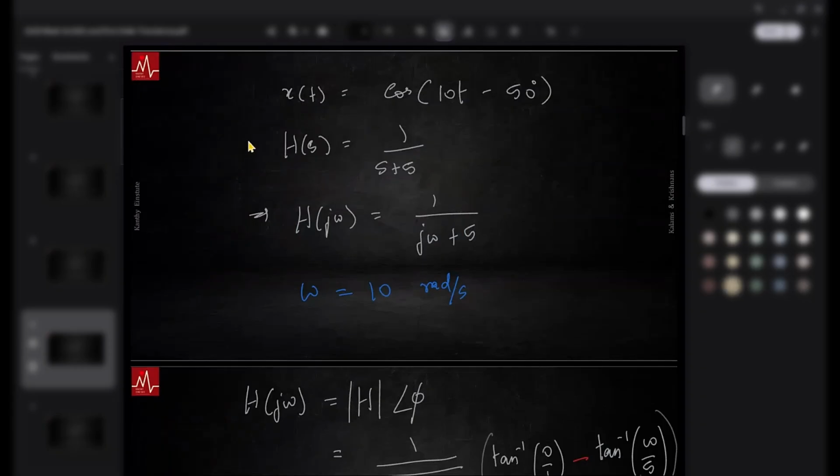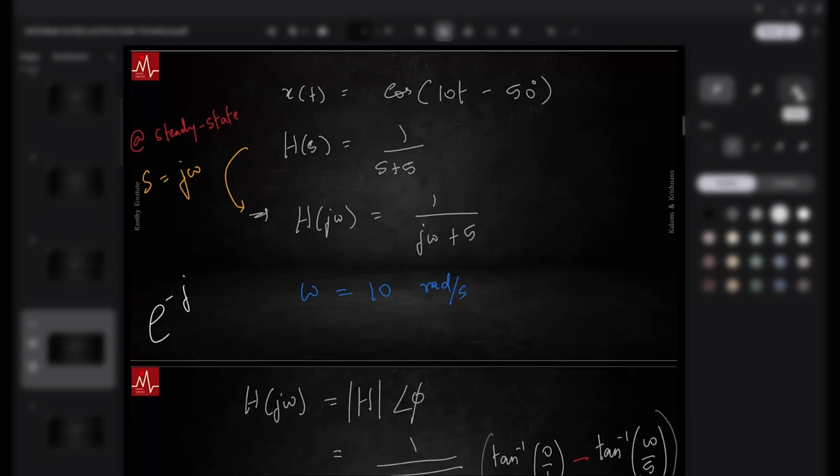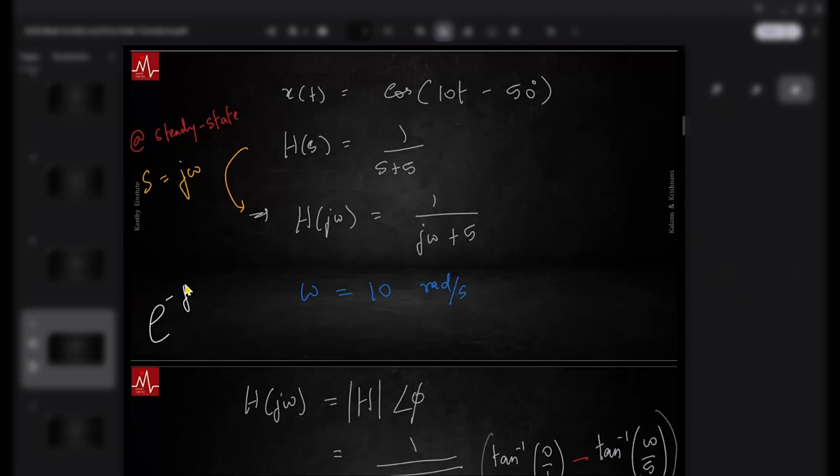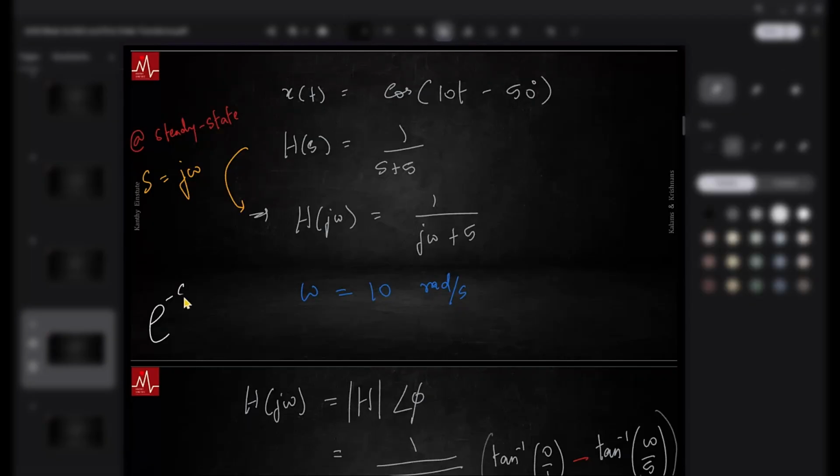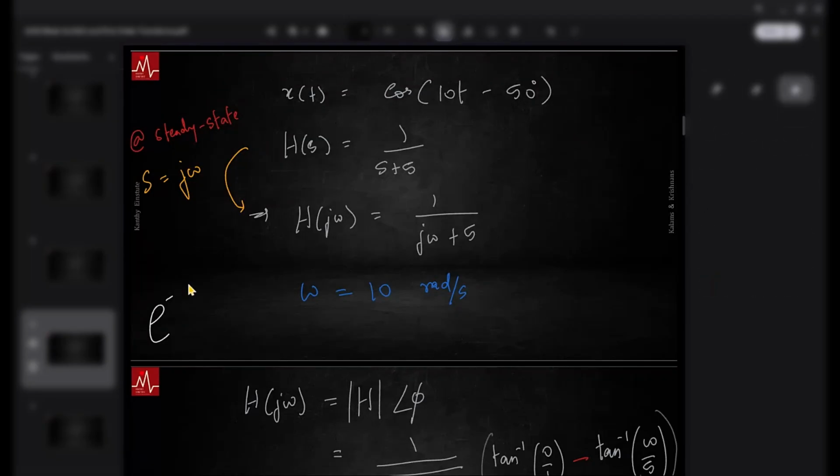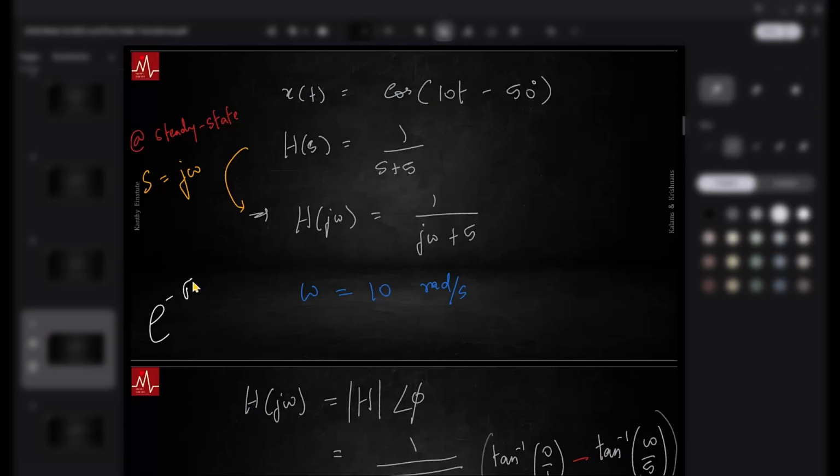And some of you might be wondering what it is. I just put steady state, s is j omega. Notice if you take e power minus st, that would be e power minus sigma minus j omega t, right?